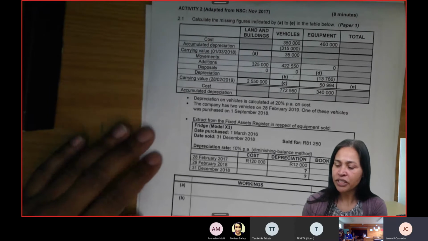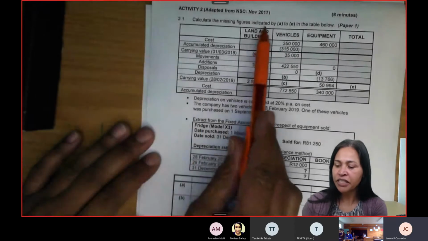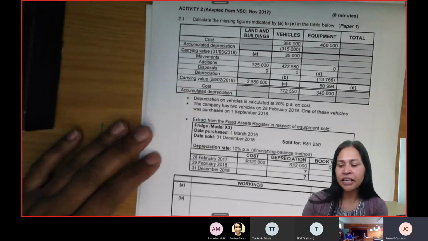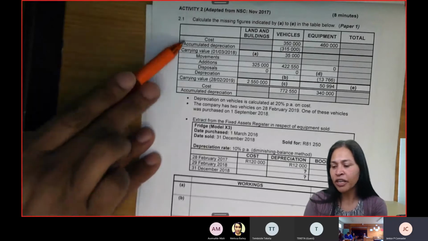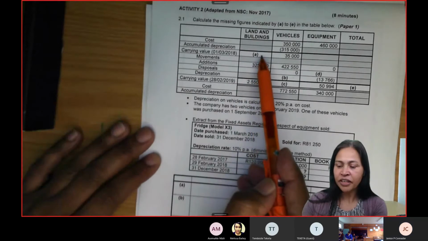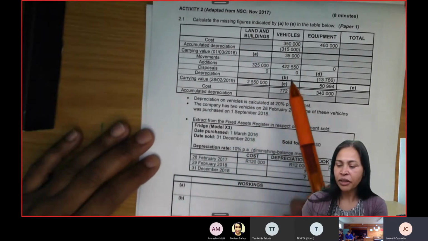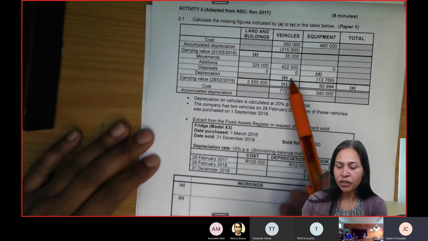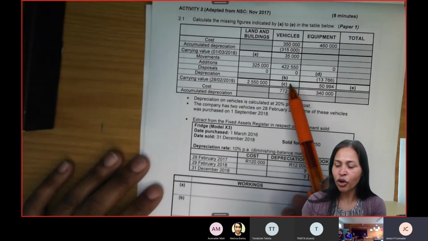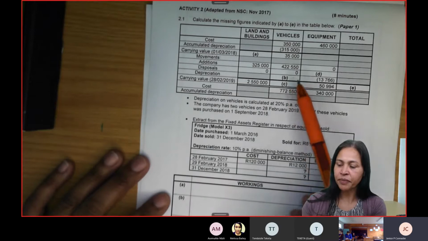For activity 2, it says calculate the missing figures indicated by A to E in the table below. So again, an extract from the fixed asset note, as you can see here. Here's my A, it's a carrying value at the beginning of the year. It is B, it's the depreciation. C, they want us to find the carrying value at the end of the year for vehicles.